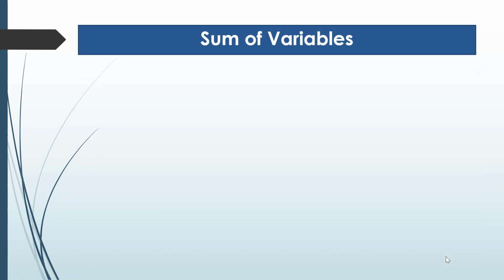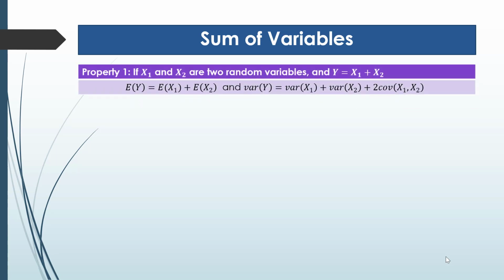Now we consider some random variables. There are a couple of properties that we need to memorize before we take the exam. The first property: if x1 and x2 are two random variables, and y is the sum of the two random variables, then the expected value of y is the sum of the expected values of the two random variables.